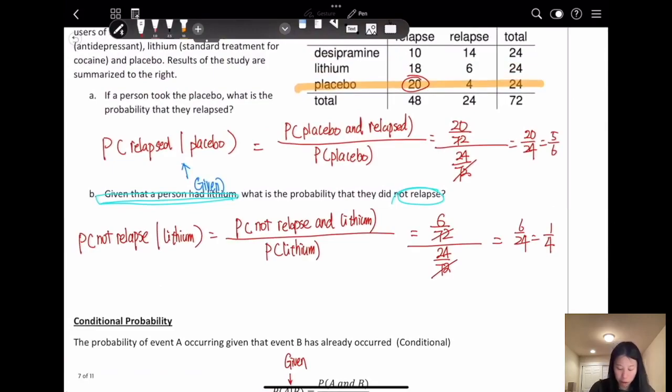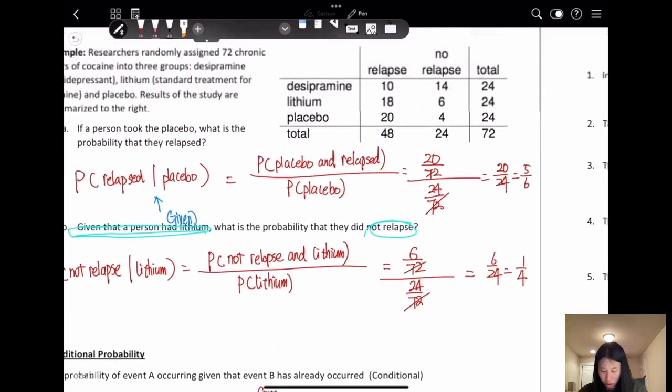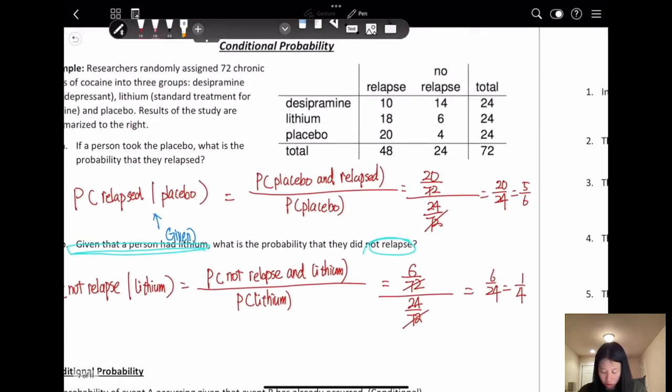The probability is still 20 out of something, but we know the probability of people relapsing is in here. And the people who took placebo and relapsed should be this part, 20.